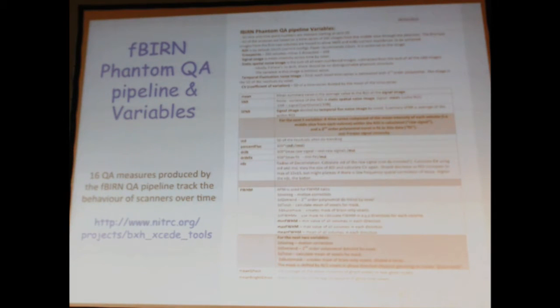So I think Cameron Craddock's package uses at least the full width half max resolution pieces and then adds stuff. I know there's a package at CAMH by Joseph Viviano, which uses some of this and then changes it. Russ Poldrack uses some of it and then changes it. So unfortunately, our quality assurance procedures are breeding in the same way that all our other analytic and methodology tools are.